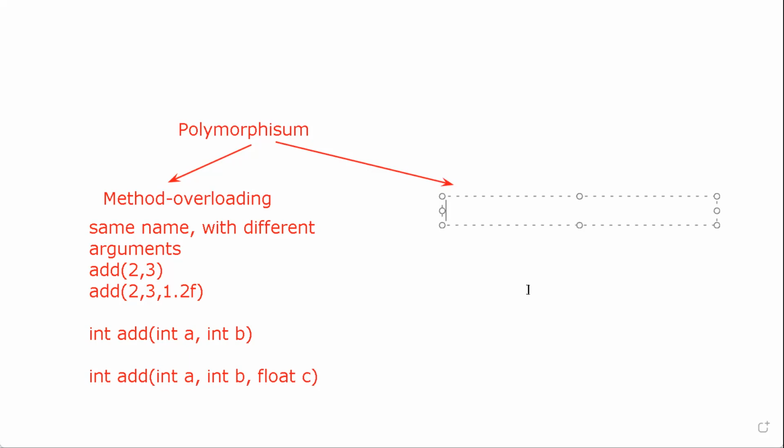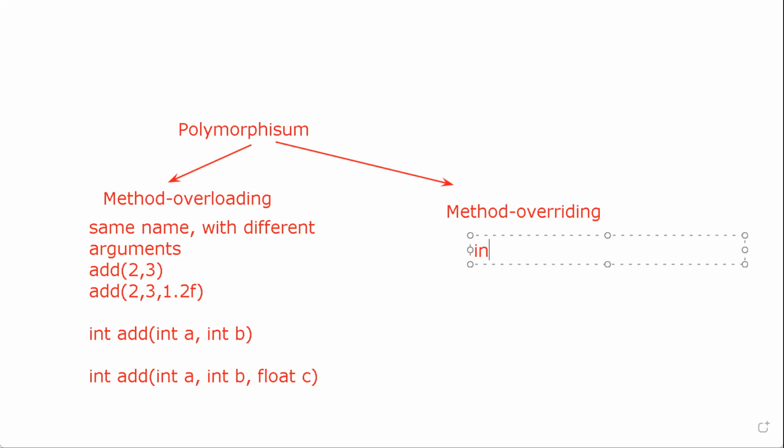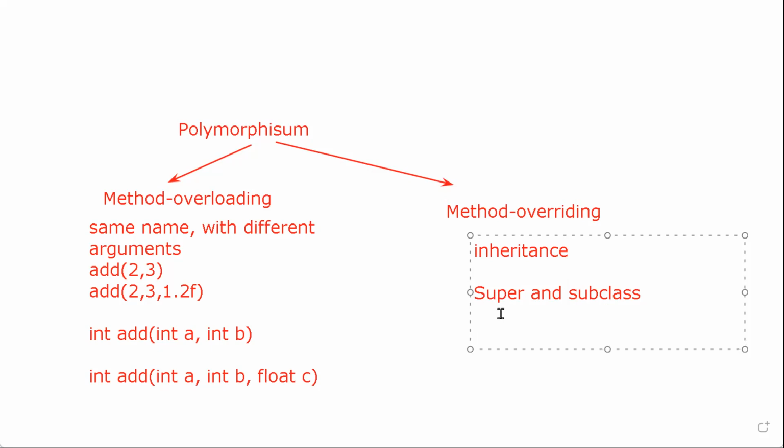So it is overriding, method overriding. Basically, in the inheritance concept, you will have a superclass and a subclass, right? In the superclass there could be a method.